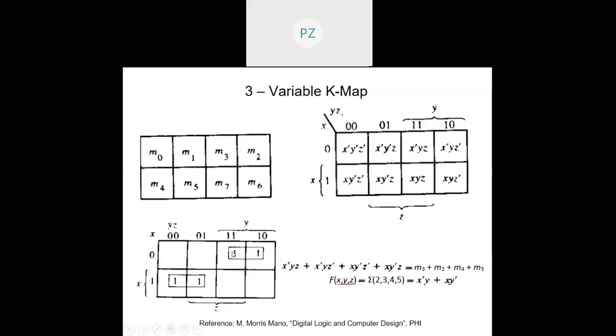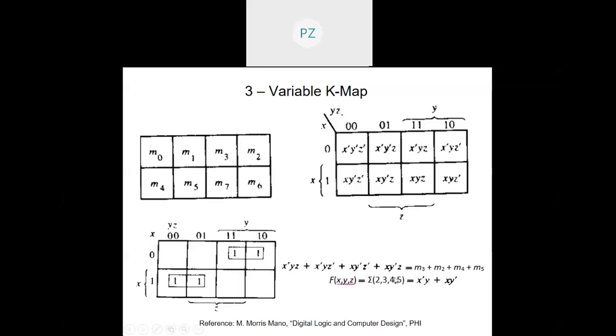So that is how I'll populate a three variable K map with the canonical sum of product form of the given function that needs to be minimized. Once this three variable K map is populated, then I'm going to look for adjacent ones. So I see that these two adjacent ones are there, which are varying in a single place. Since this variation is corresponding to x being 0, so I'll have x bar.